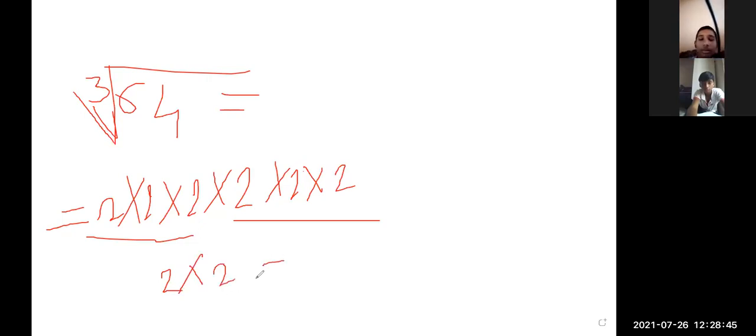Okay, so while we are finding the cube root, at that time we have to take 3 same numbers as 1 pair. So here 2 into 2, 3 times. So we'll take from this 3, one 2, and from the other 3, one 2. So what will we get? 2 to the power 2, which is 4. Got it? Yes or no?